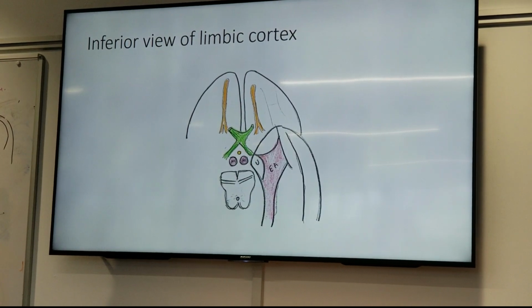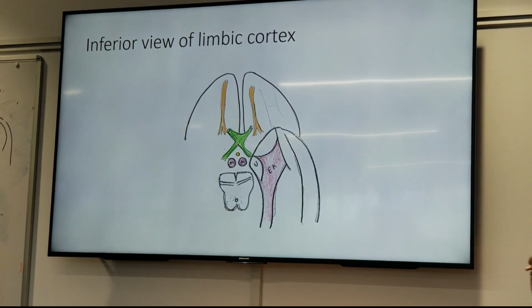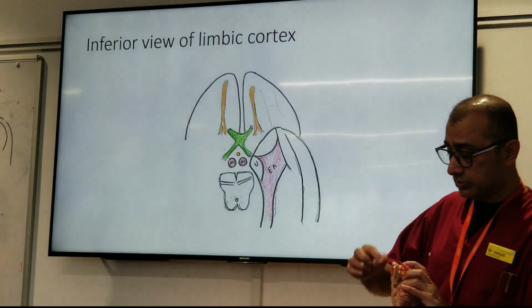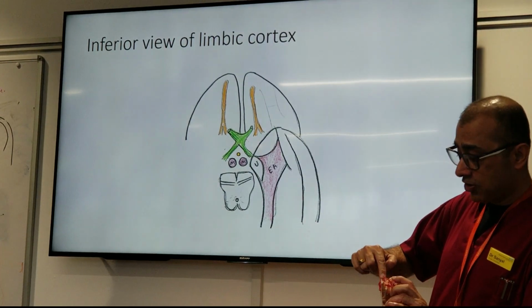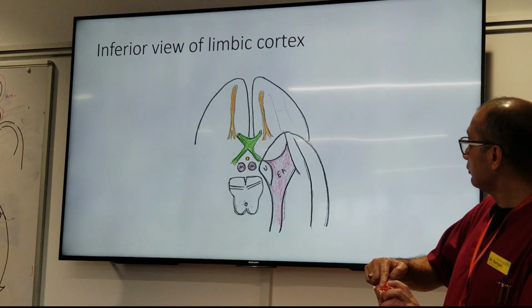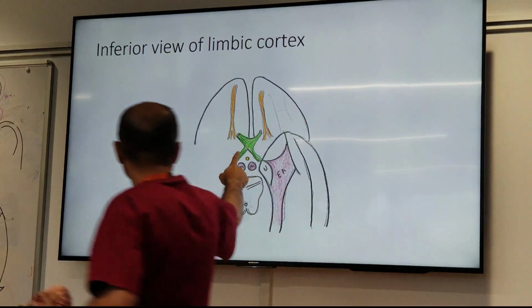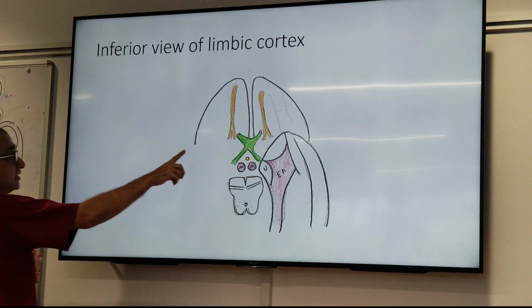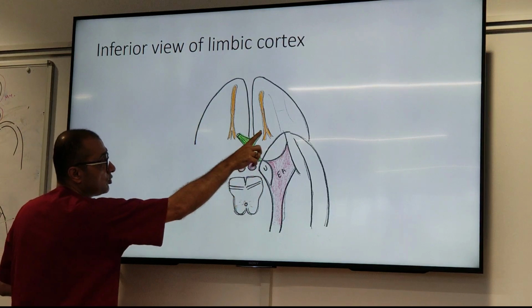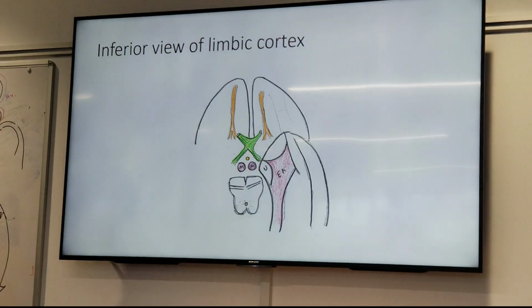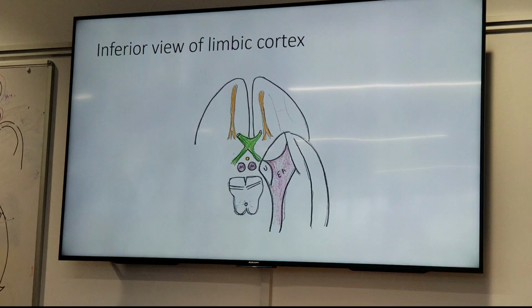So this is the inferior view of the limbic cortex. As you can see, this is the olfactory bulb, olfactory tract, and they will relay into the cortex. So what is the cortex for the olfactory system?